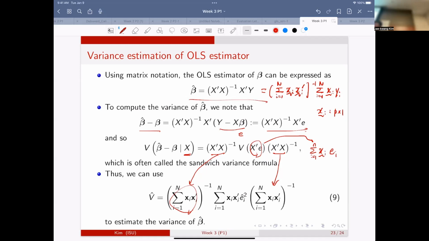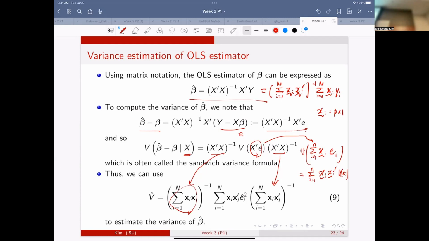So the variance of this guy is the sum of xi xi prime times the variance of ei, right? Because we assume independence. So we get this.